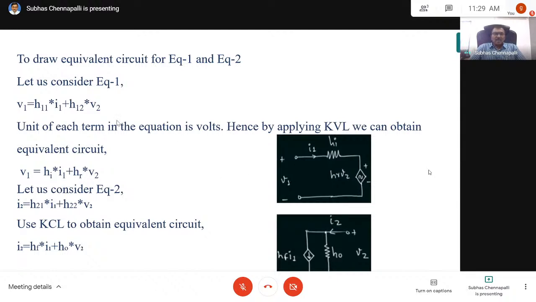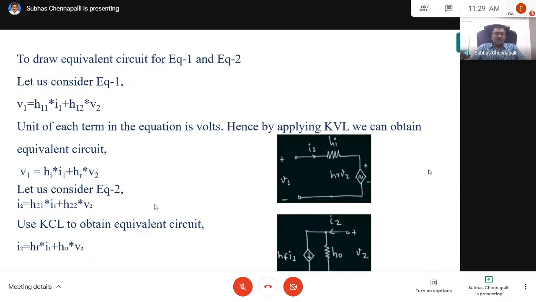Then H12 is HR, times V2, which becomes a voltage source. So this is the input circuit for the transistor. We are now working out the H parameter model for the transistor. This equation you can convert into a model like this.